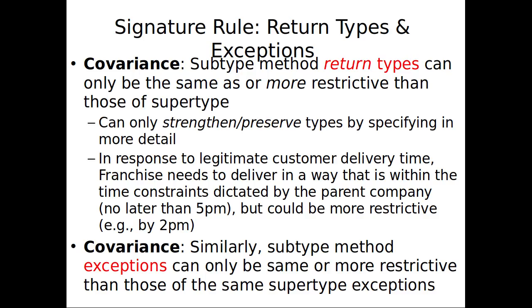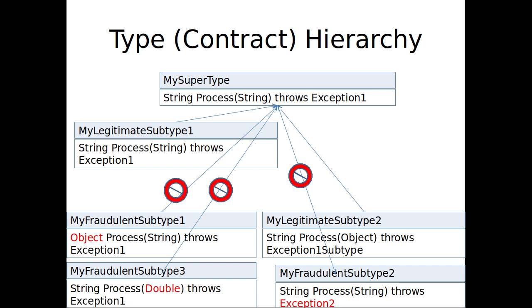And I would just note for return types, if you're dealing with exceptions, the same principle occurs. They're parts of postconditions, so they can only be the same or more restrictive than those of the supertype. So Java doesn't currently really allow you to take advantage of this. Scala does, and some other languages do.